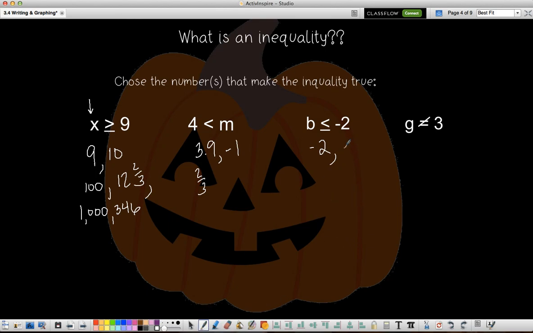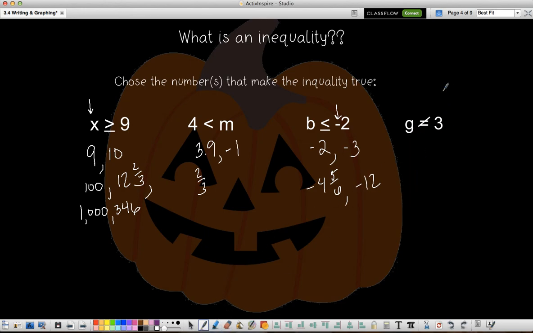Okay, but I do know that negative 3, negative 4 and 5/6, negative 12. So all I know is all of my answers will have that common thing of being negative. And here G is not equal to 3. Well, we know that 3 is not an option because it cannot be equal to 3. So kick that out.